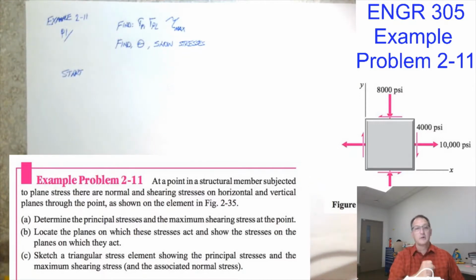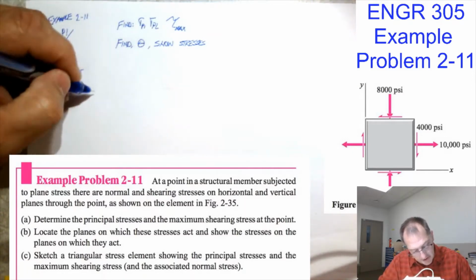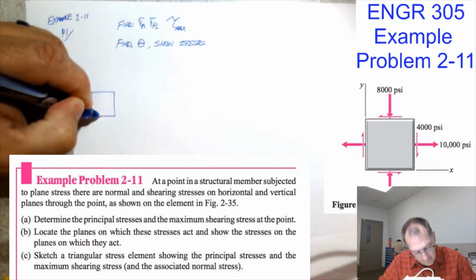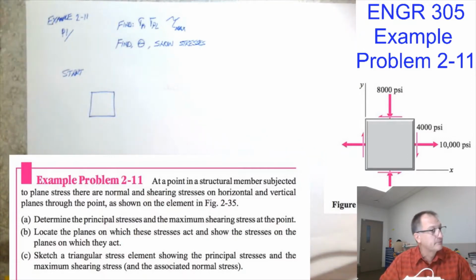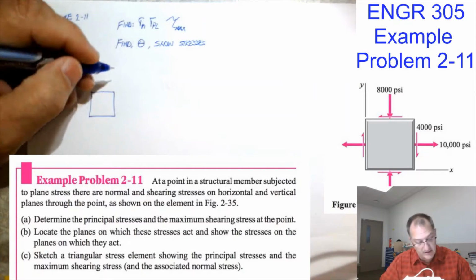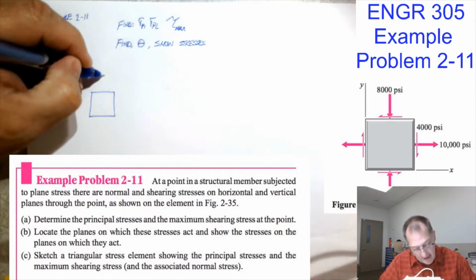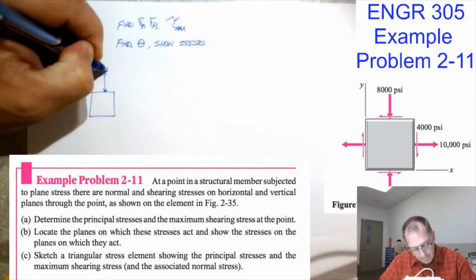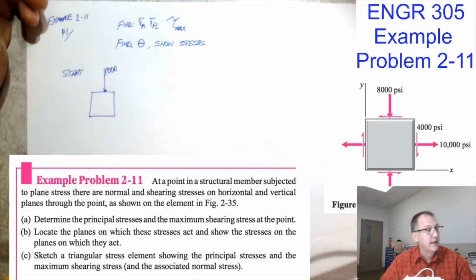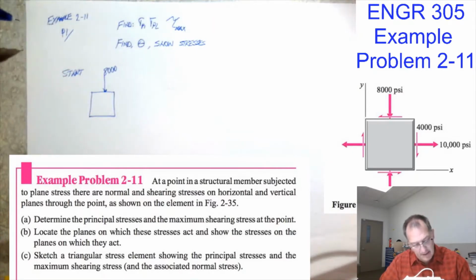So we're going to start though with our drawing. Here's our situation. We've got that stress cube, and I've got these stresses given us. So I've got 8,000, and I'm going to label this whole thing as PSI.